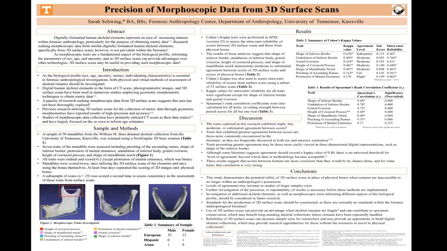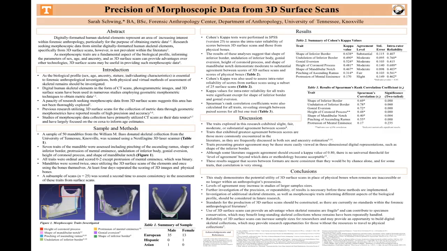So for the second part of the question, do I think greater experience with the scoring system or 3D scanning would lead to greater agreement? That's a really great question, and that's actually something that I am going to be looking at as I move forward with this research. I mentioned a little while ago that this research is a part of my master's thesis.